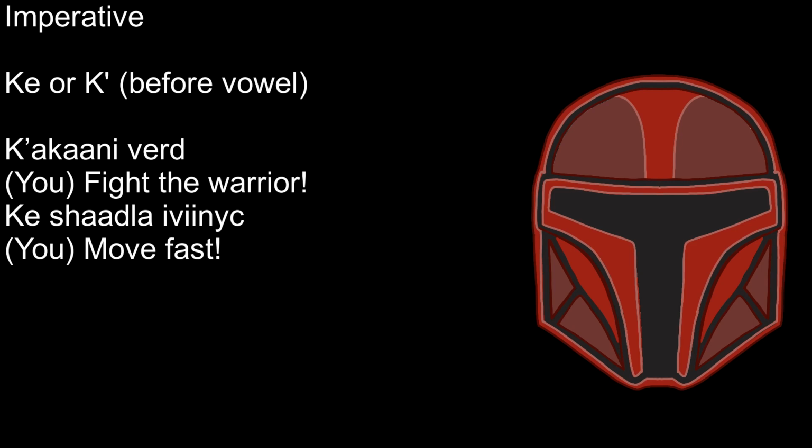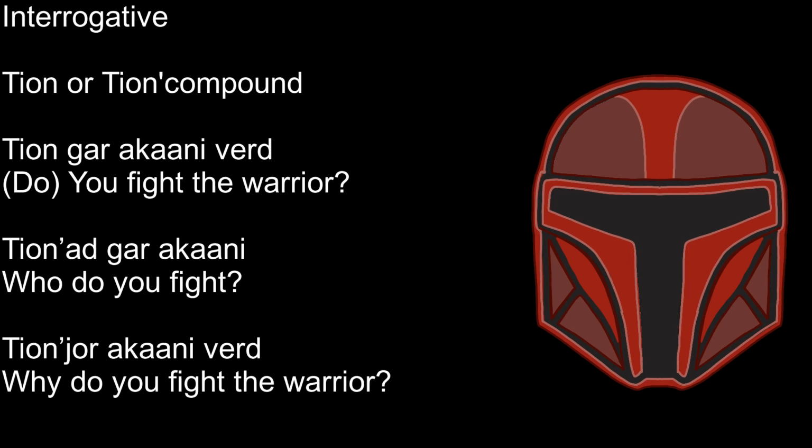Commands, by their nature, are in the second person, so the subject will always be you, and since it's always you, it's always dropped. Let's take some examples. Kakani ved, fight the warrior. Keshadla ivinish, move fast.